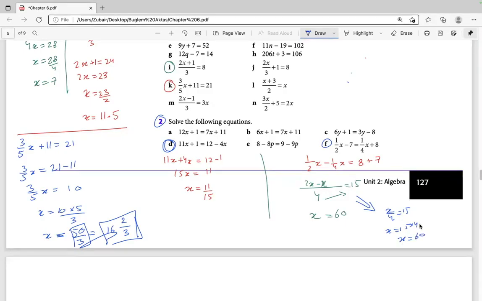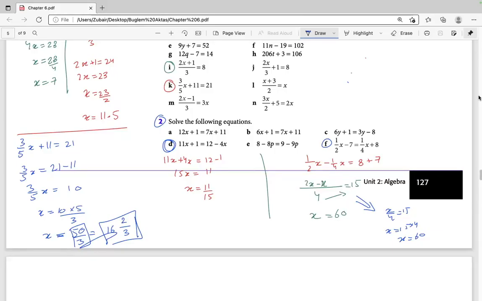We can also check by plugging in 60 back. Suppose 60 by 2 minus 7, I'm getting 23 on the left hand side and 60 by 4 plus 8, I'm getting the left hand side equal to the right hand side when x is 60. Where did we catch the mistake?